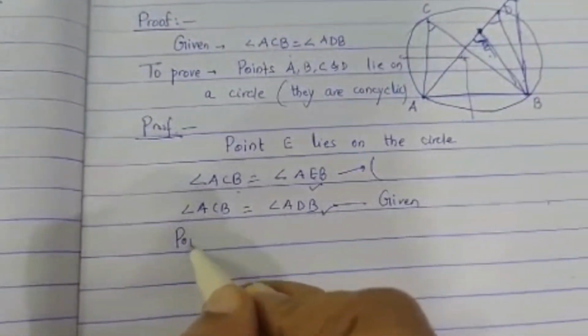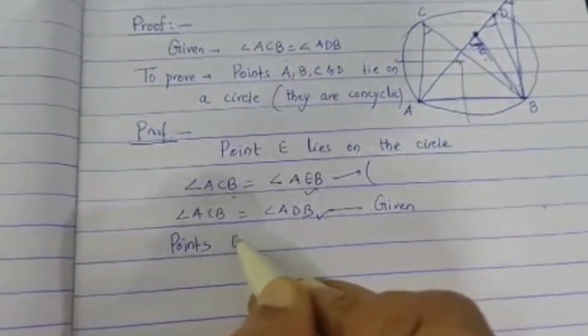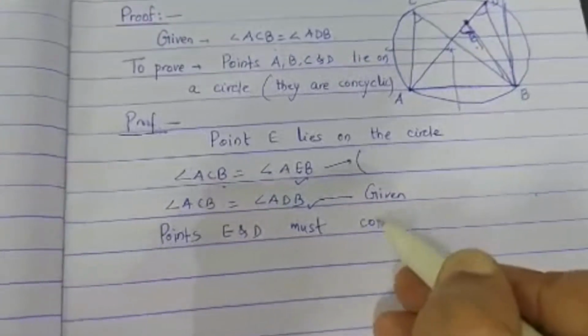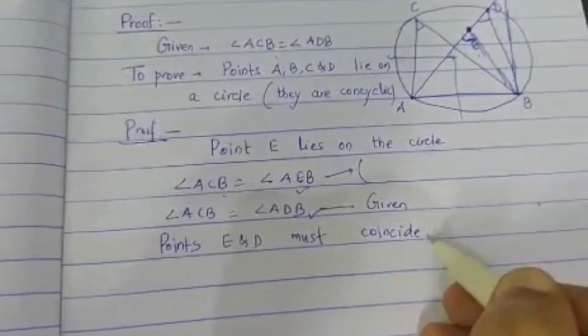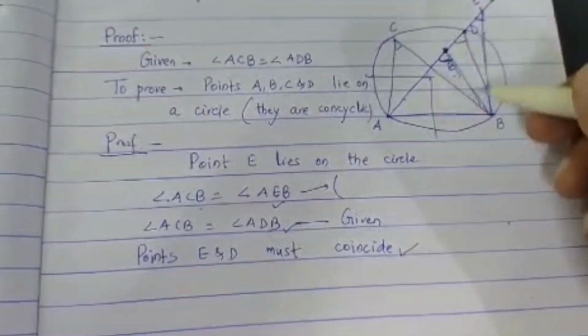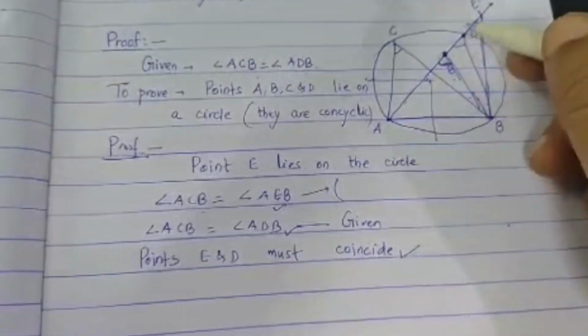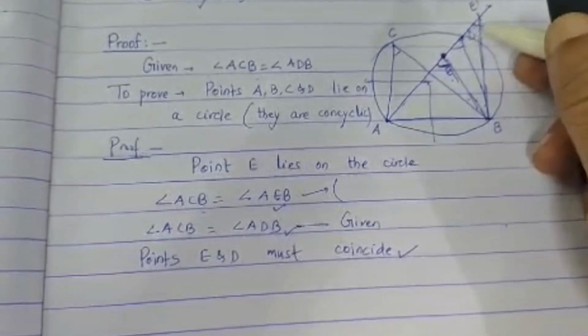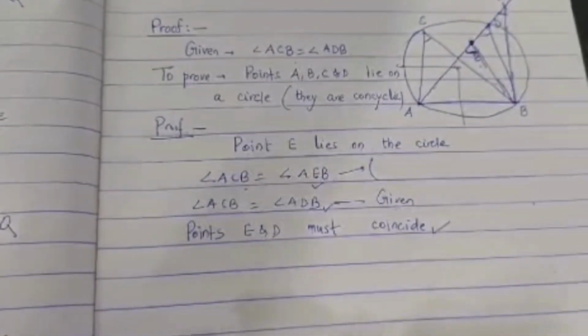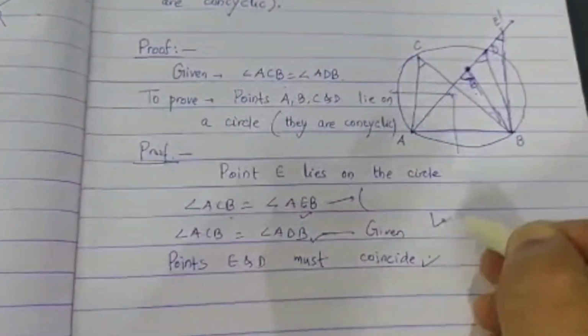So points E and D must coincide. Similarly we can write for this E dash, that angle ACB equal to ADB and angle ACB equal to angle AE dash B. So D and E dash should coincide. Okay, so this is the proof of this theorem.